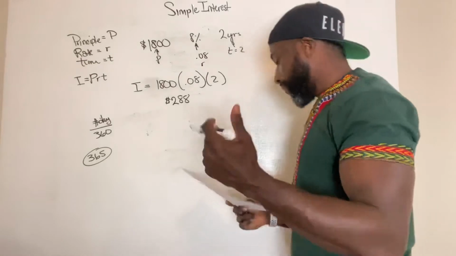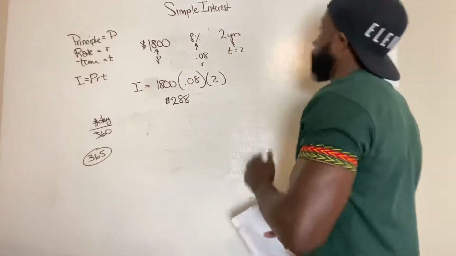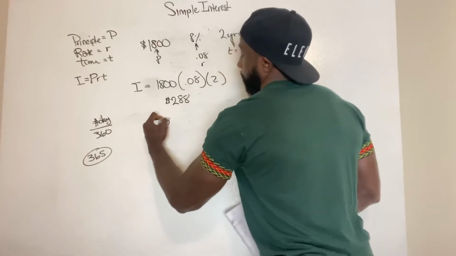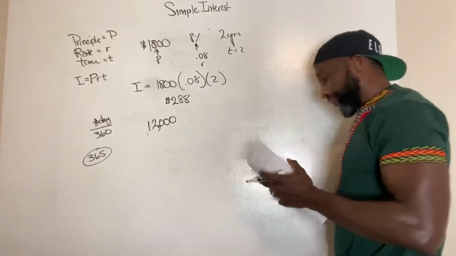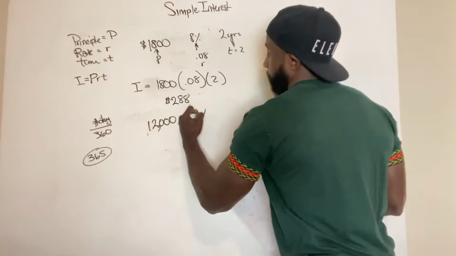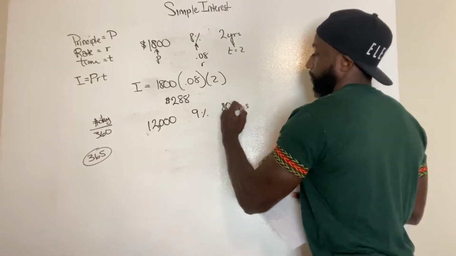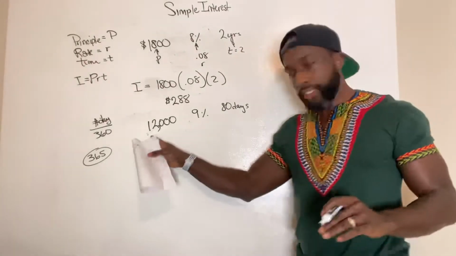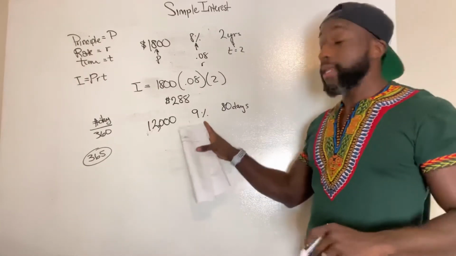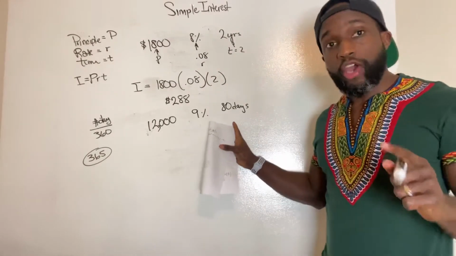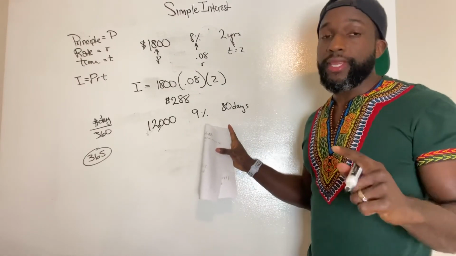So in this particular situation, there was a $12,000 loan taken out, right? At a 9% interest rate over 80 days. Okay? This is the principal, $12,000. 9% is the rate, R, and 80 days is our length of time for that loan.